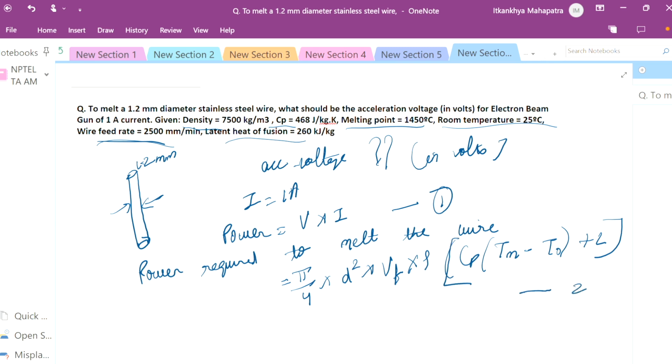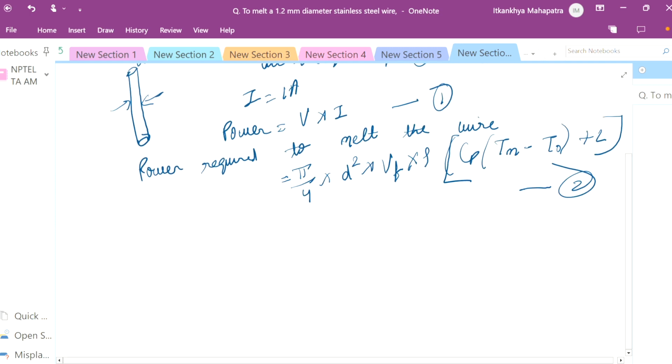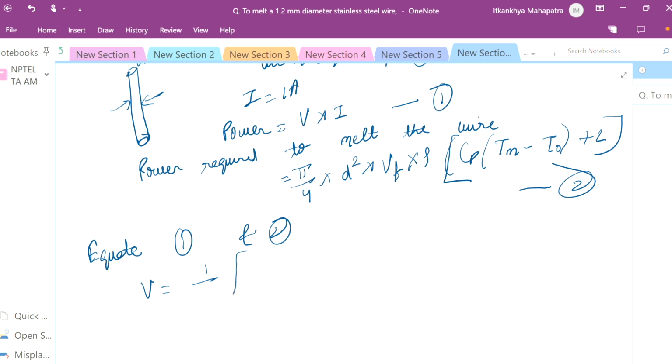This is your equation 2. Now we have to equate 1 and 2. By equating, you will get V equal to 1 by I, pi by 4 d square into Vf into rho, Cp, Tm minus T naught, plus L.